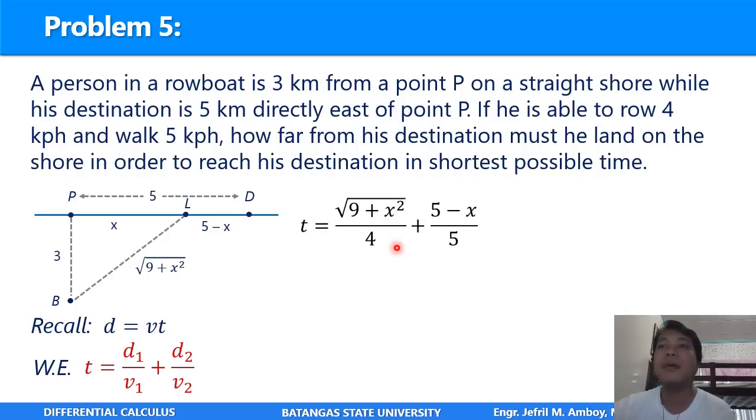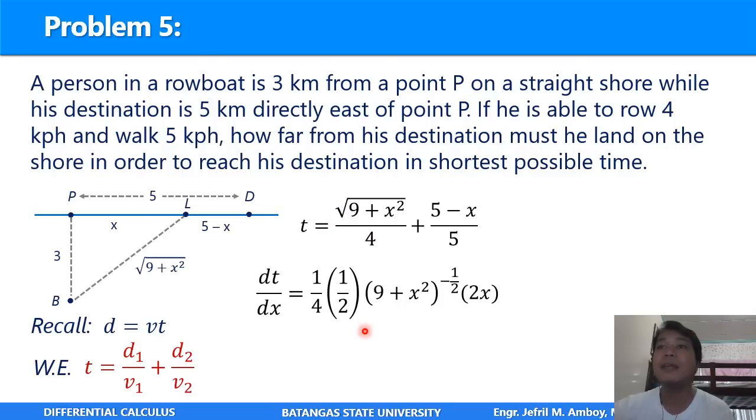Okay, let's take the derivative one term at a time. So this 1/4 is just a multiplier. Then there's a square root. Isn't a square root something raised to 1/2? Then when you take the derivative of something raised to 1/2, the 1/2 becomes a multiplier. So we will have 1/4 multiplied by 1/2, multiplied by, we're not done yet, copy the expression inside and its exponent, you just subtract 1. So 1/2 minus 1 is negative 1/2. And then, still not done, because according to the chain rule, you have to differentiate the term inside the square root.